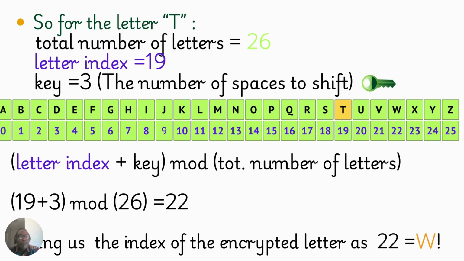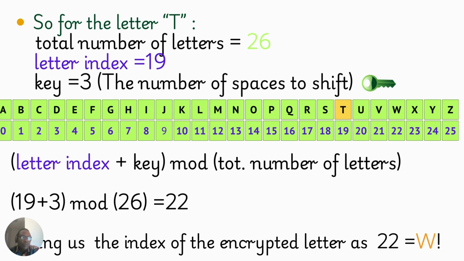So applying the same formula, we take the letter index, which is 19, and then we add the key, which is 3, and then we apply the modulus function, which is 26, and that gives us 22, because 22 modulus 26 is 22.